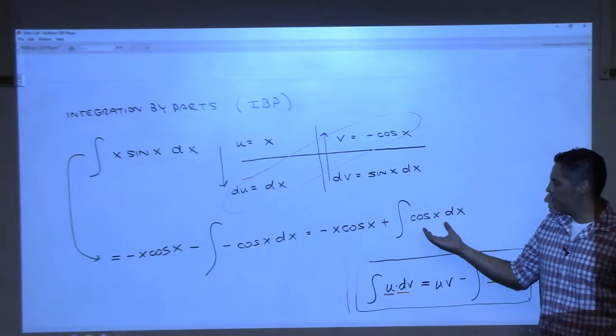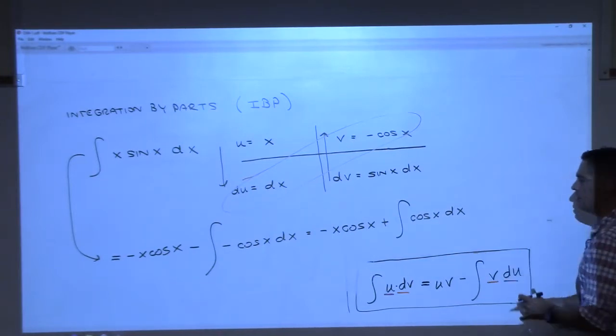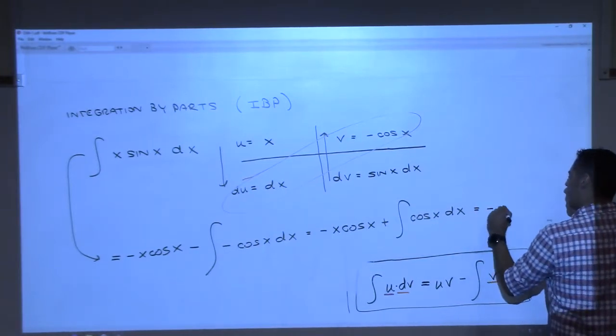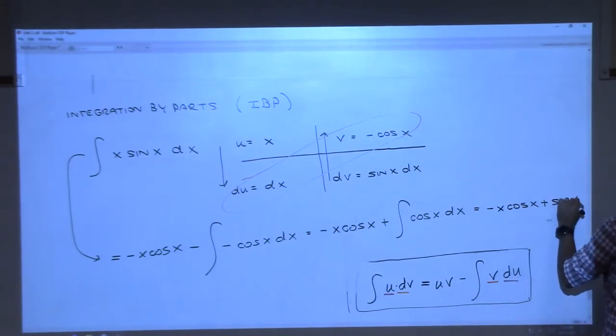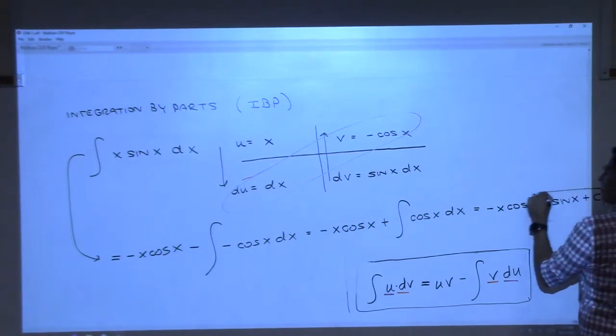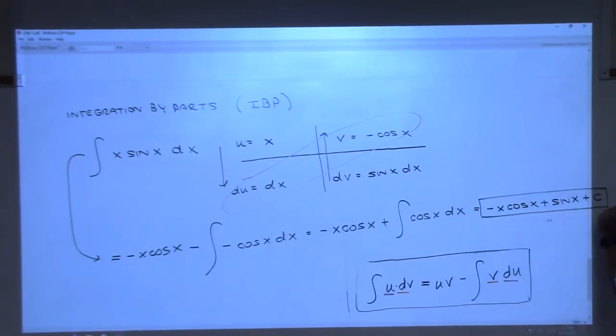The antiderivative of cosine is sine. So I can go negative x cosine x plus sine x plus c. There it is. That is the antiderivative of x sine x. Wow. Is it really?